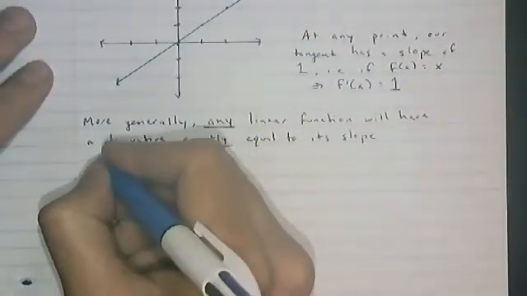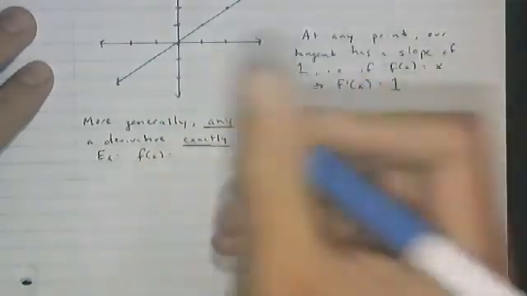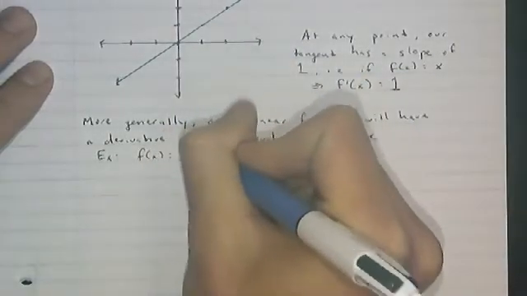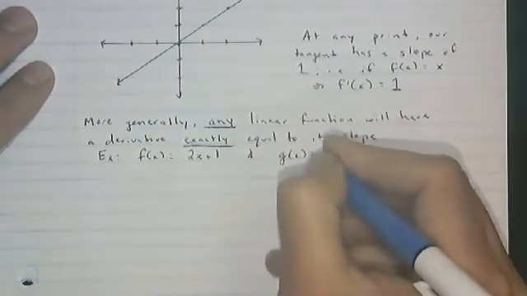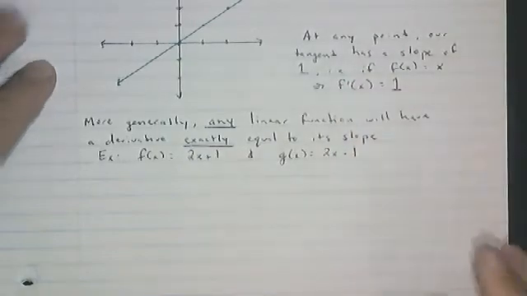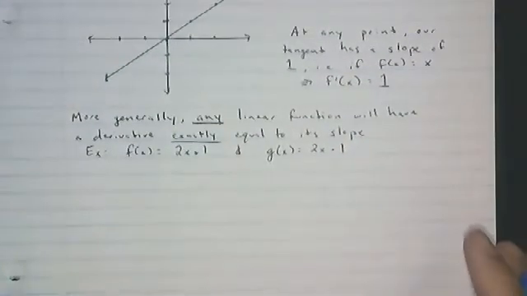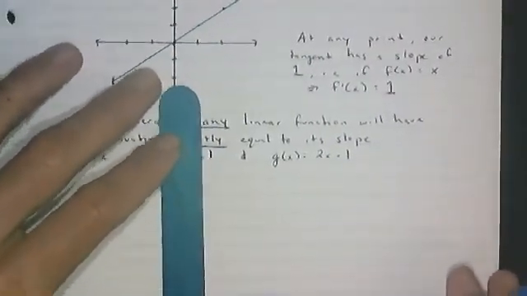For example, let f of x equal 2x plus 1 and g of x equal 2x minus 1. Graph these out.